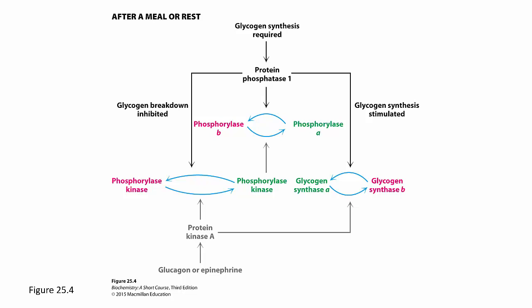So in this case, we have stimulated glycogen synthase, and we have turned off phosphorylase. But both of these things were done by protein phosphatase 1.